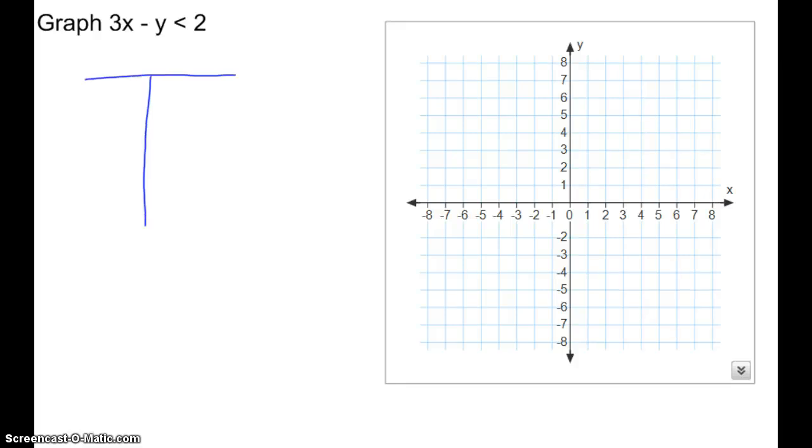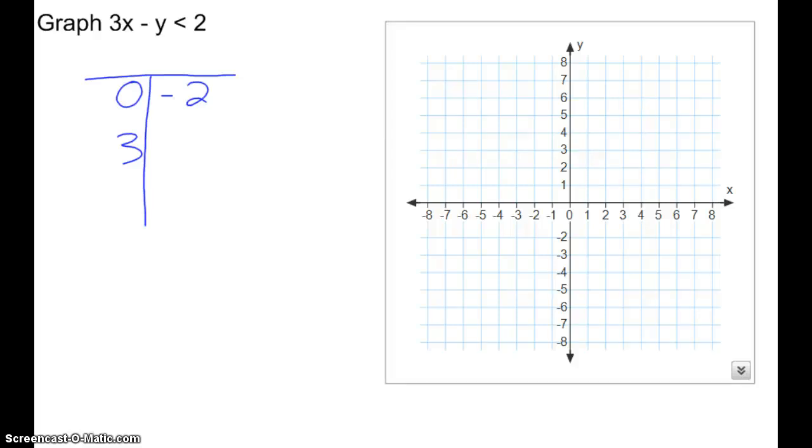So if x is 0, y is going to be, now again, you treat this as if it's an equal sign, not a less than or greater than at this point. So x is 0, y is less than -2. It's actually greater than -2, but that's besides the point. And then if I say let x equal 3, that would be 9.